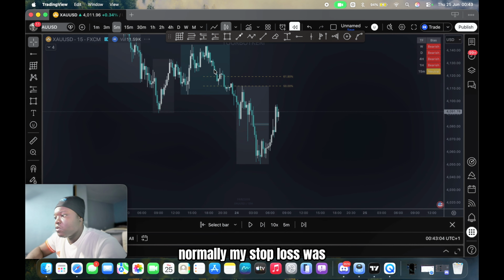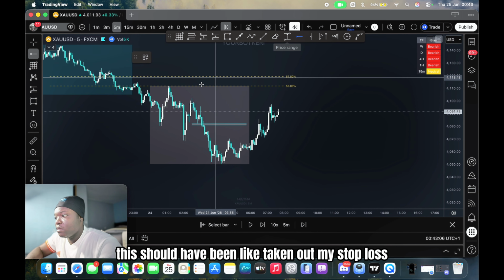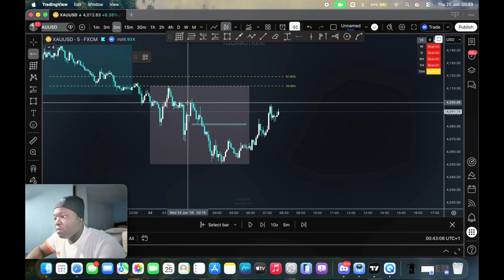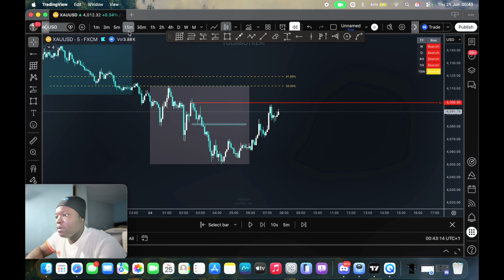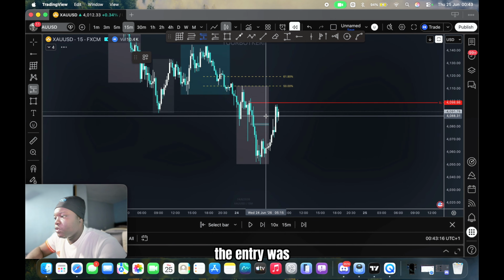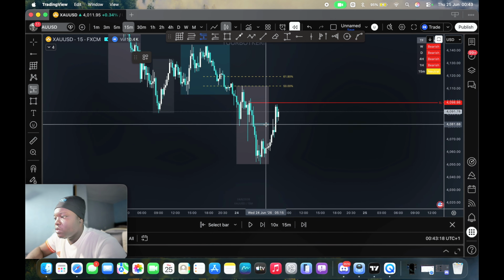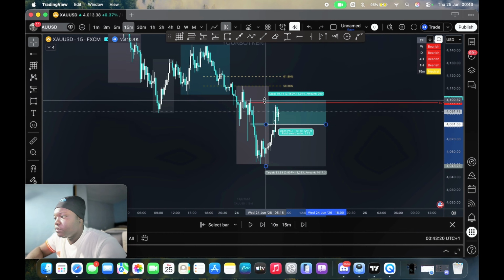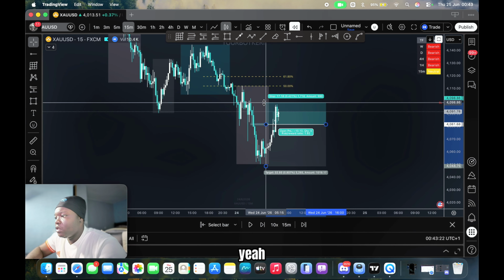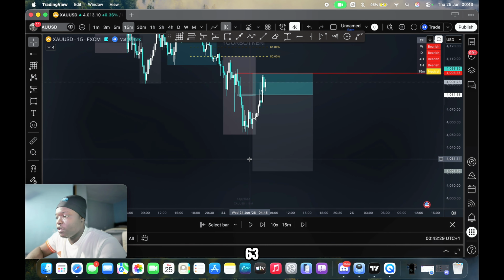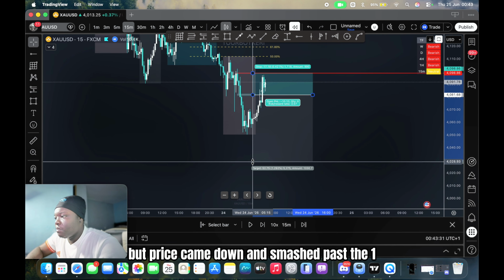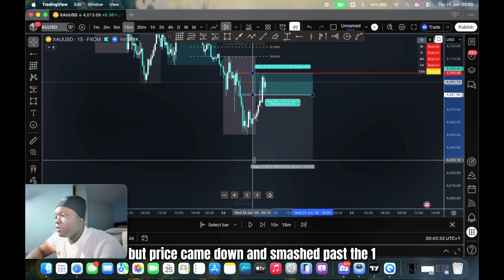My stop loss was here, the entry was here, and the target was 1:3.5, the first being 1:3, but price came down and smashed past the 1:3 level.